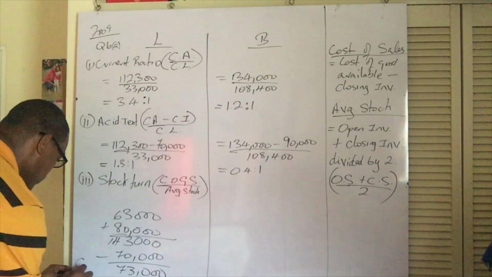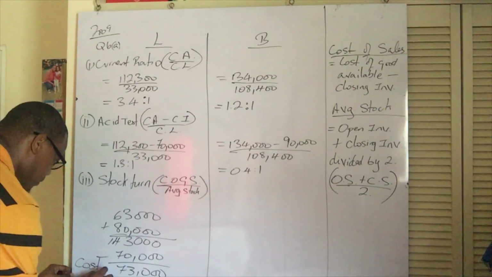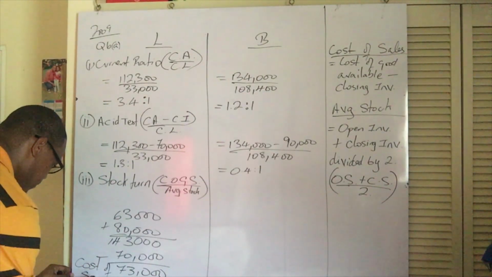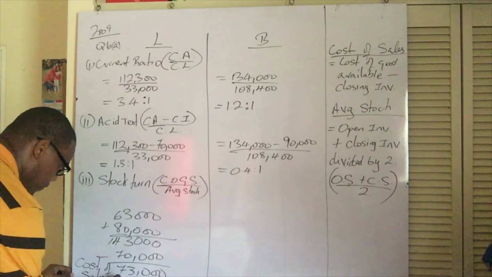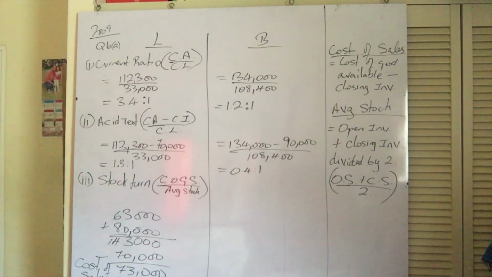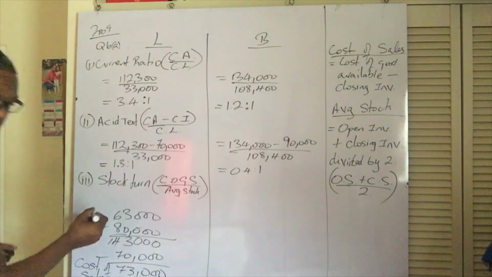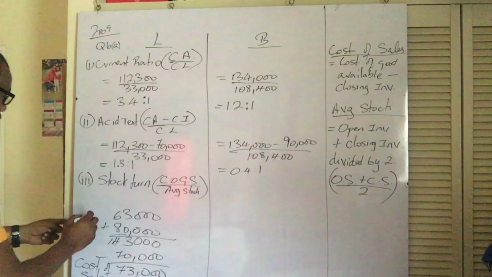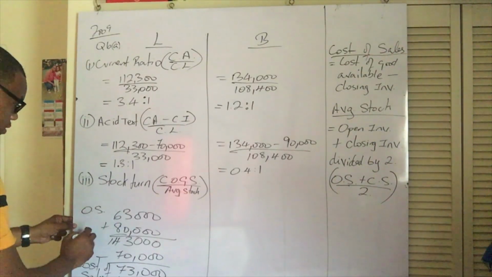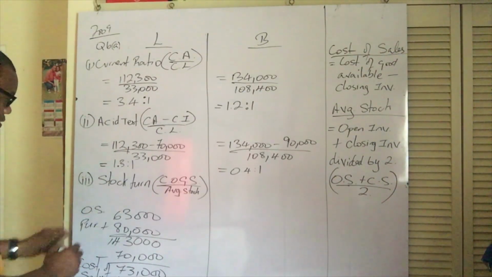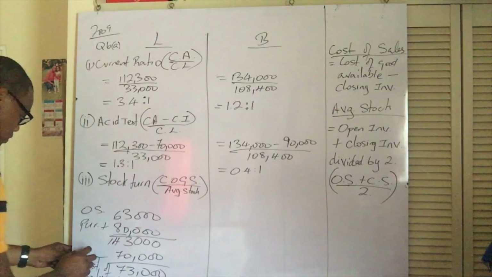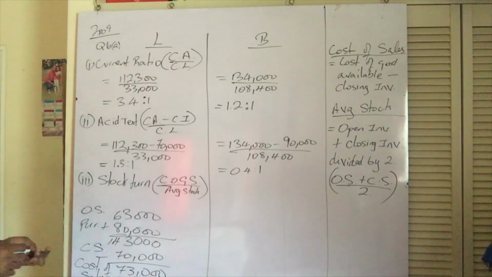So this is the cost of sales figure. This is the opening stock, this is the purchases, this is the closing stock. Yeah, cool. So that is how we're going to get the 73,000 that I'm going to use.